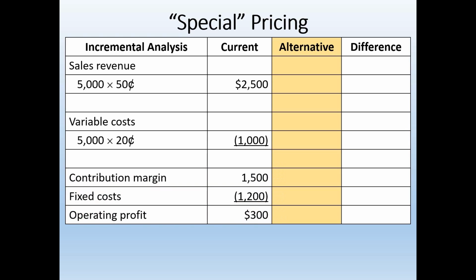Now let's look at the firm's status if it decides to accept the special order. It would still have the 5,000 prints at the regular price of 50 cents per print, but now it would have an additional revenue of 500 prints from the special order times the special price, 40 cents per print.